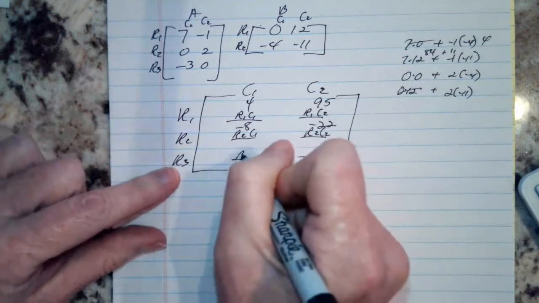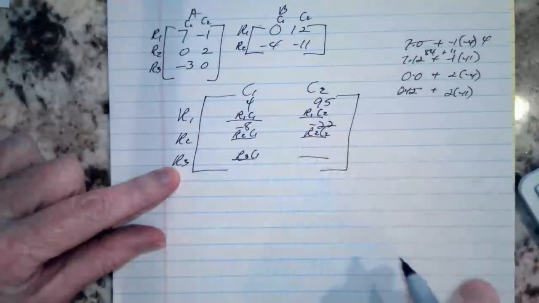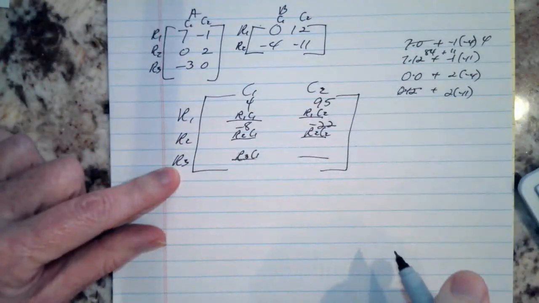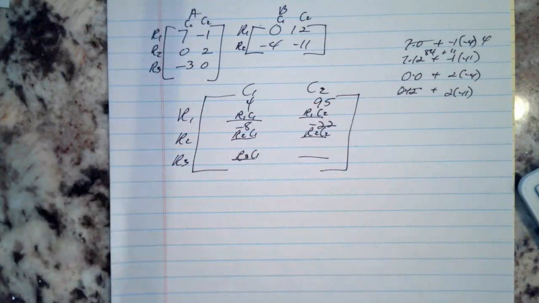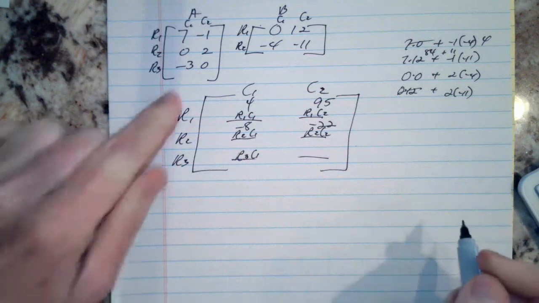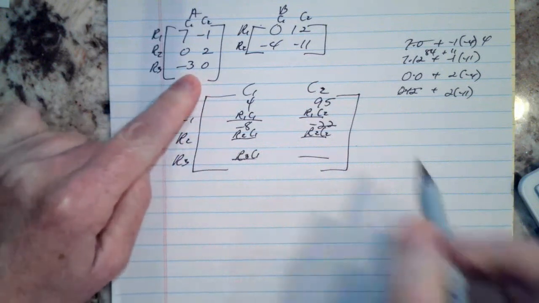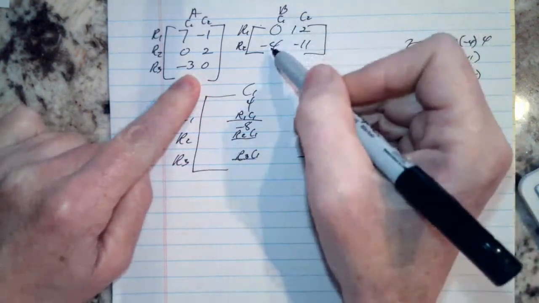Okay, how about here? This is composed of row 3, column 1. Give you a minute. Row 3, column 1.